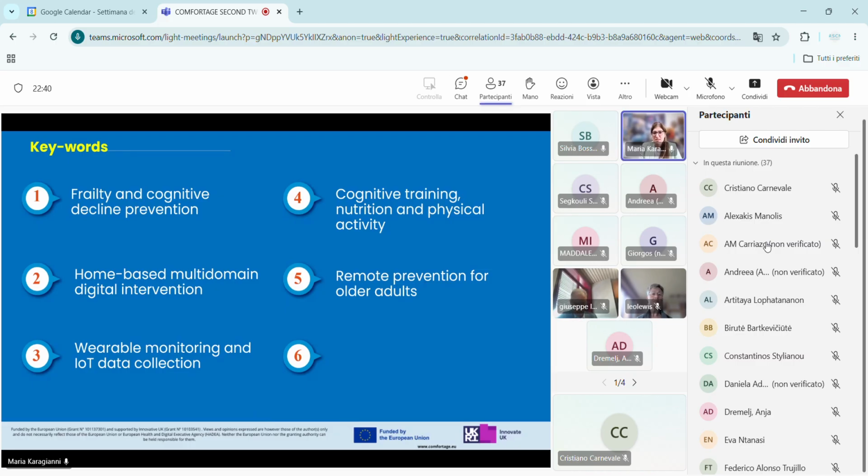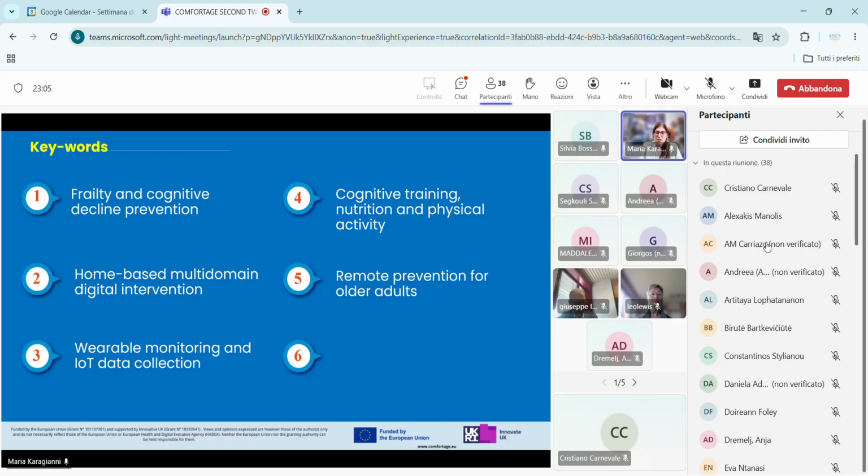The participants can do this in their own space, in their own home, in their own environment, after having a training. Wearable monitoring and IoT data collection. They are also given some smart watches and smart scales, so they can use and wear them in their own home.